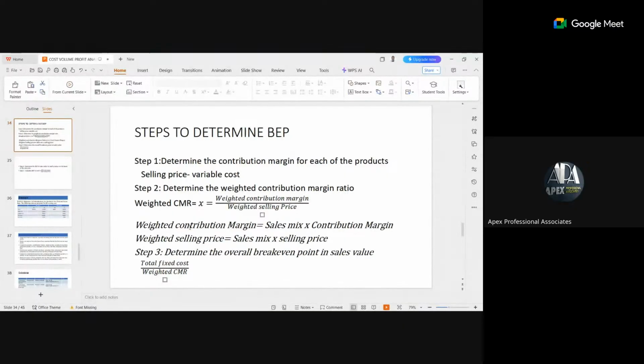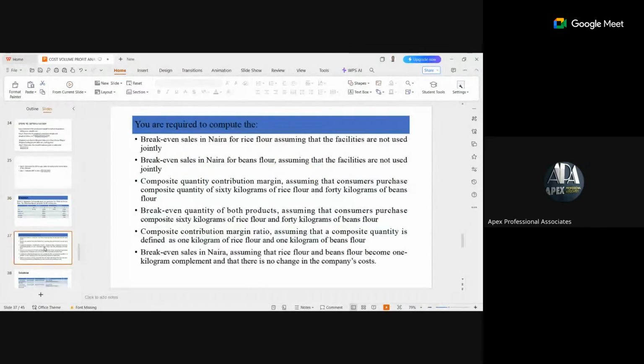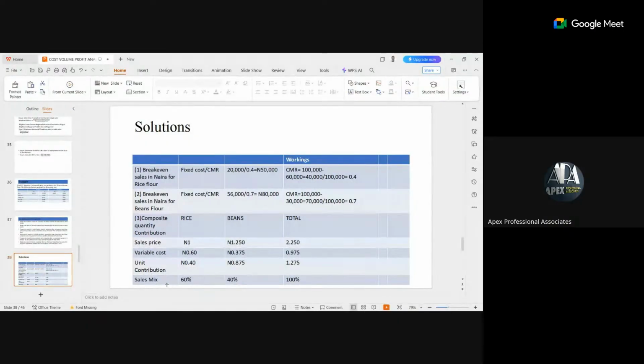It is sales mix multiplied by contribution margin. So based on this, your sales mix is 60% for rice and for beans 40%. So what would be the composite contribution margin?